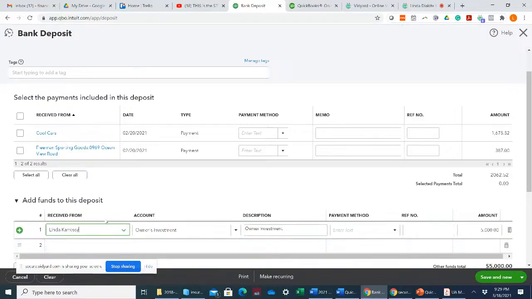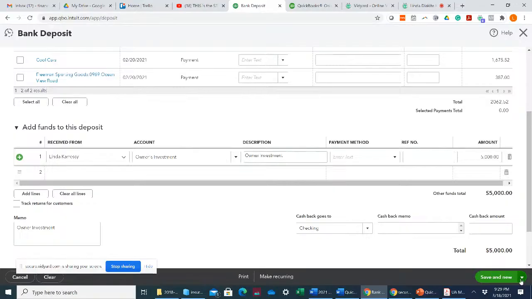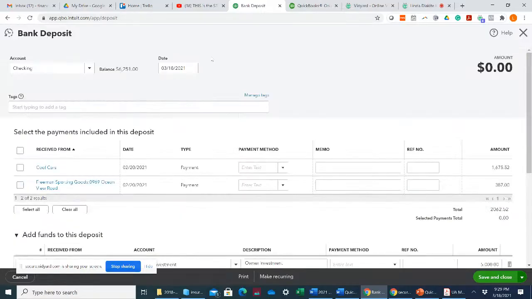Of course, it's not in there. So I'm going to go ahead and hit save, and then close. And now that is recorded.